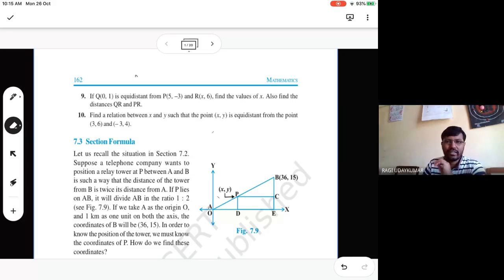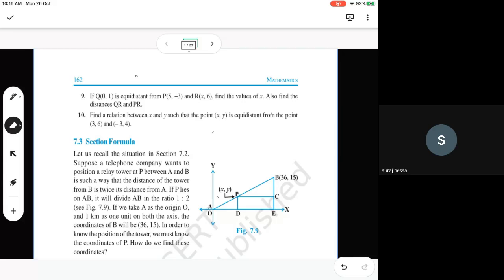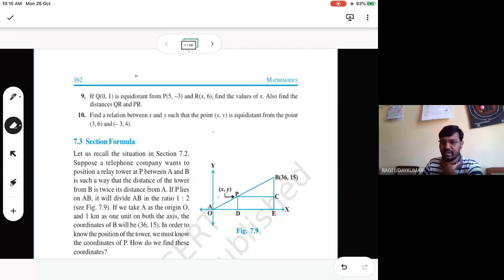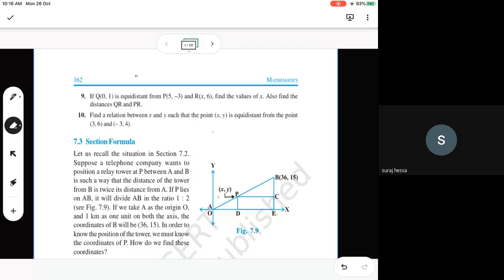So we have completed the first topic in coordinate geometry. What is the first topic we have completed? Suraj, on which topic are we? Which topic have you discussed in the previous class? Sir, exercise 7.1.